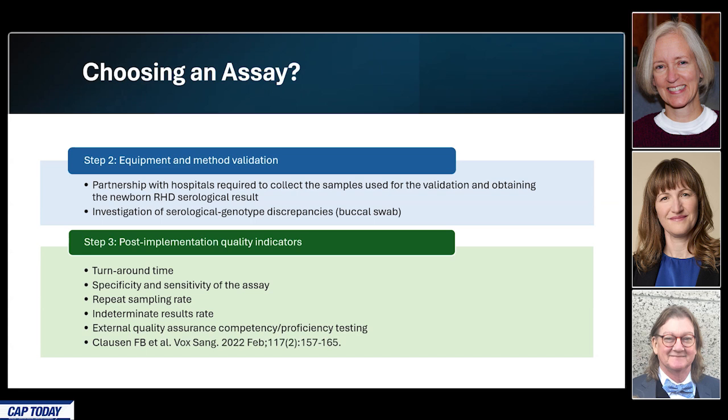You should also consider external quality assurance, competency, and proficiency testing. They are now available and strongly recommended. There are also published recommendations for validation and quality assurance of non-invasive prenatal testing for fetal blood group that you can consult. And I refer you to a paper published by Clausen and Colling in Vox Sanguinis in 2022.